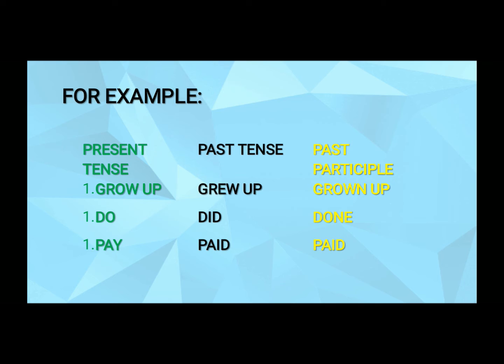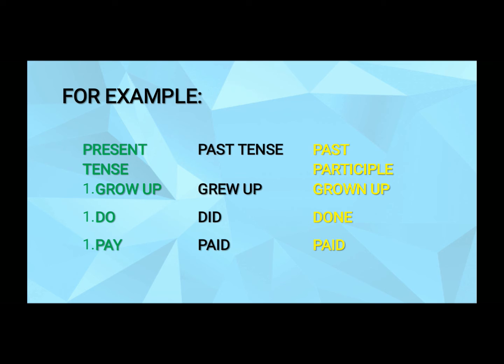So, as I said before, I cut these verbs in this format: present, past tense, and past participle, and created meaningful examples, examples that would help me memorize these verbs easily.